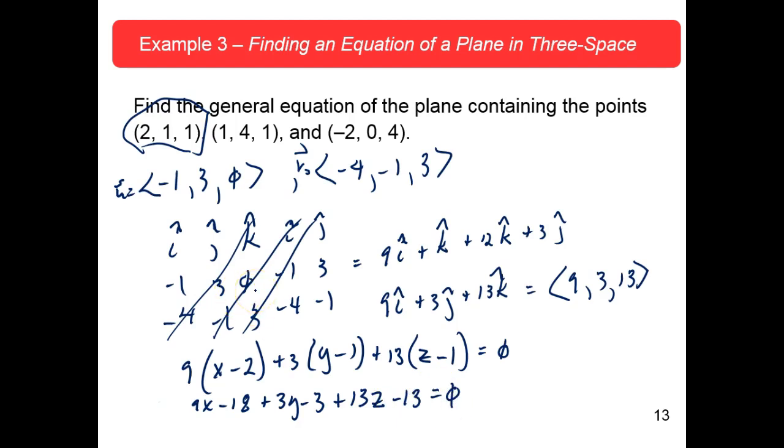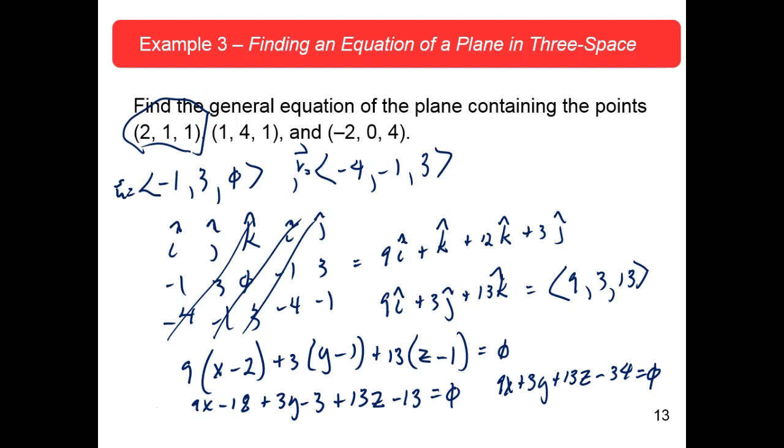Well, separate out the variable parts, 9x plus 3y plus 13z, and then combine these, and that's going to be minus 31, and 3 is minus 34, equal to 0. That's the general equation, which is all this one was asking for, but the book asked for both of them.